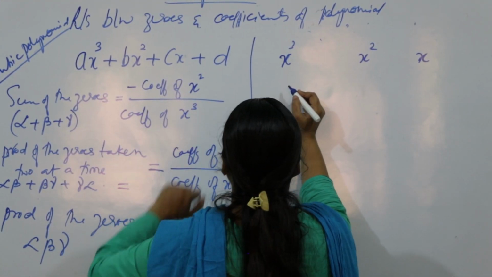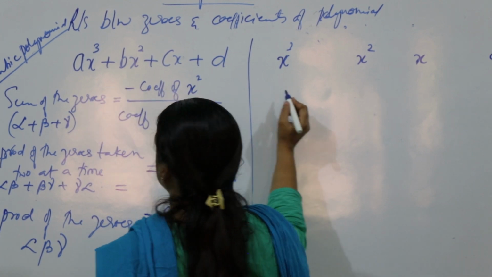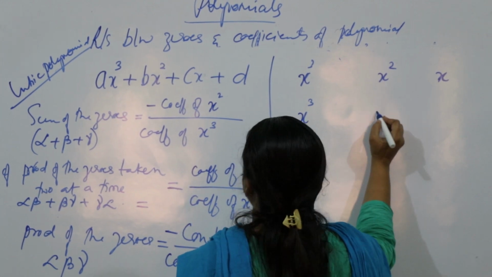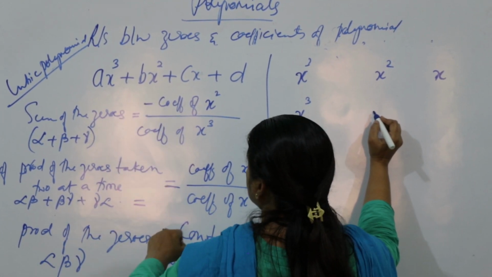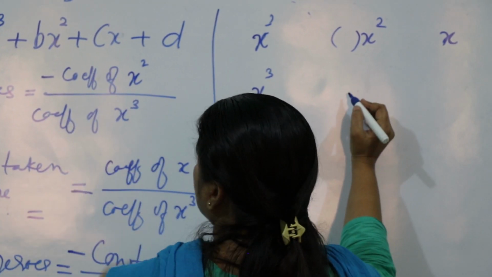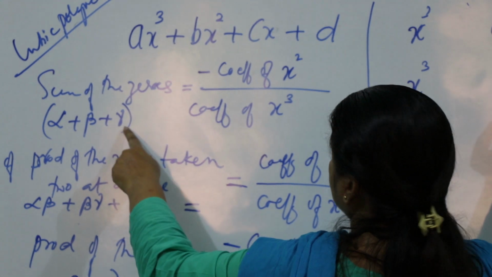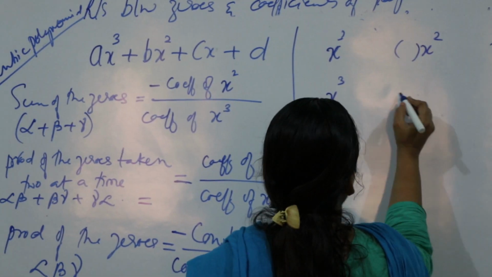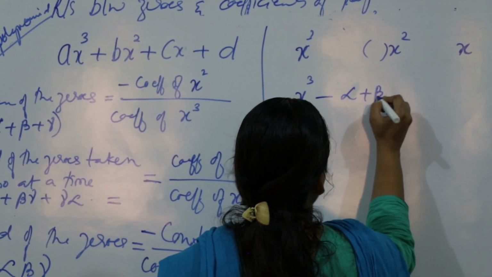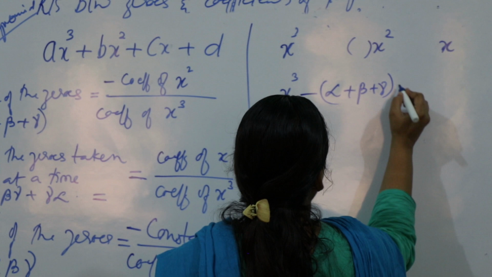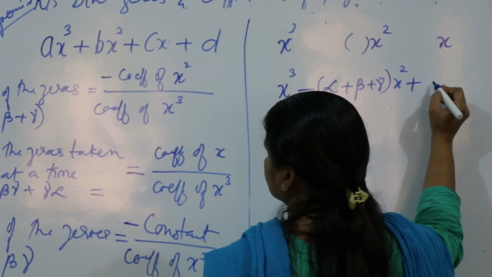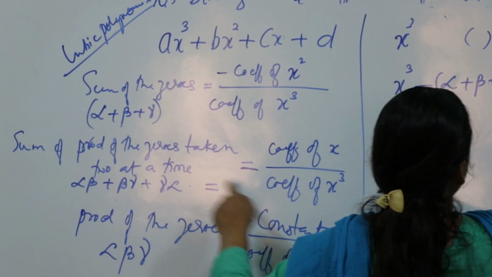coefficient of x square. First, we took the sum of the zeros. We didn't do anything with this. Sum of the zeros here, coefficient of x square. So in place of this, I take alpha plus beta plus gamma, minus (alpha plus beta plus gamma) x square, and then we have plus, what is this in between?